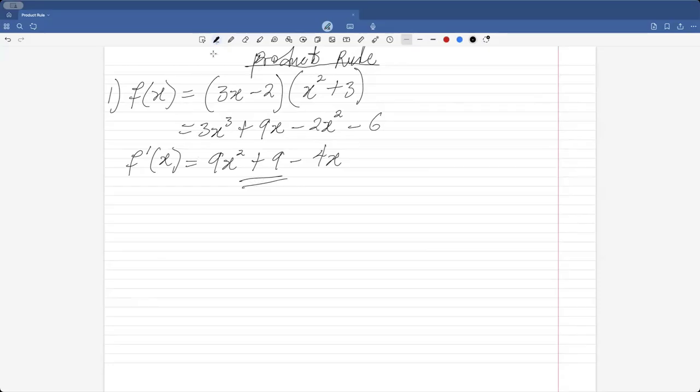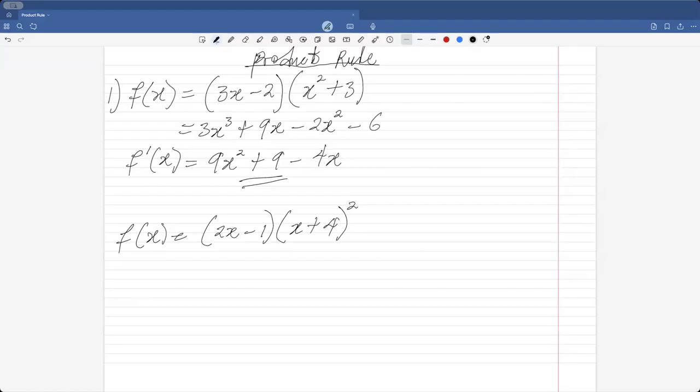So what if we are given a question that looks like this? f(x) equals (2x - 1)(x + 4) all to the power of 2.